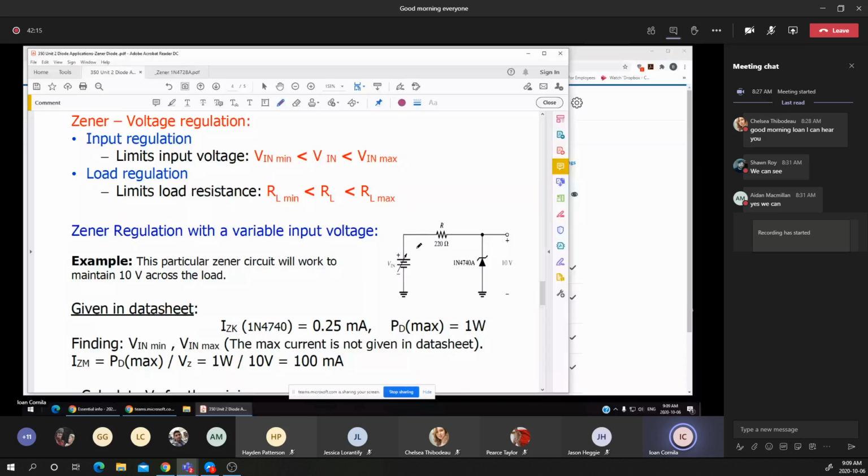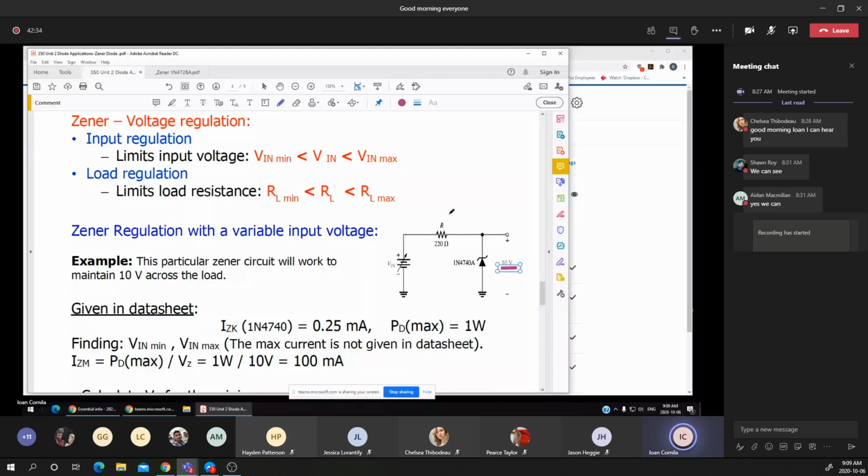We have to determine the minimum and the maximum voltage that can be applied to this voltage regulator in order to have a constant voltage of 10 volts in this example.